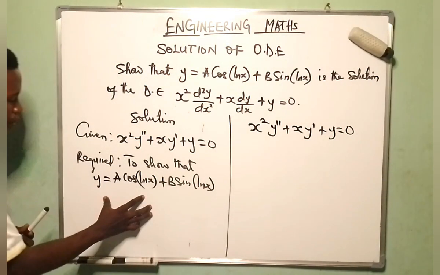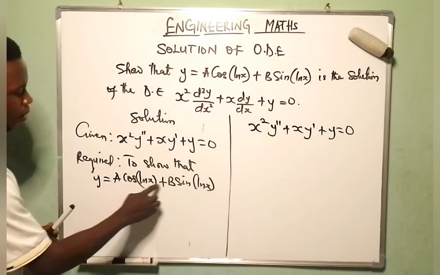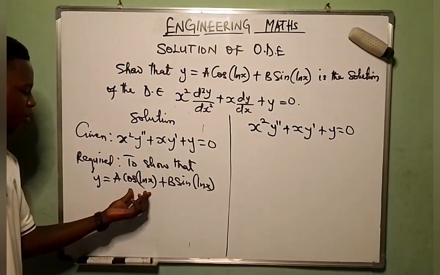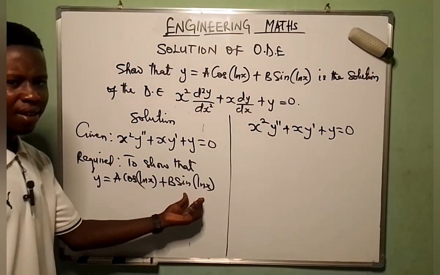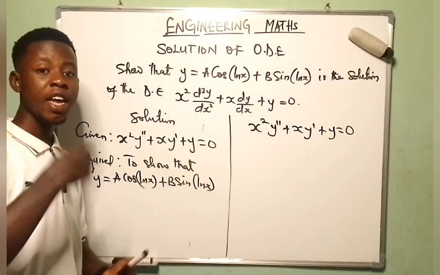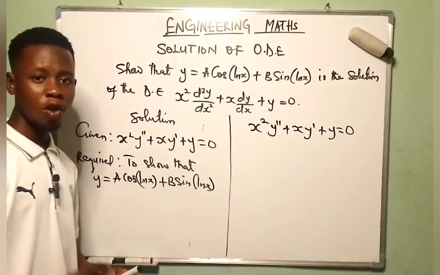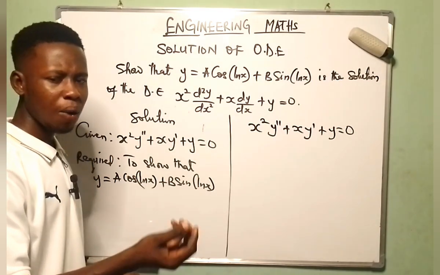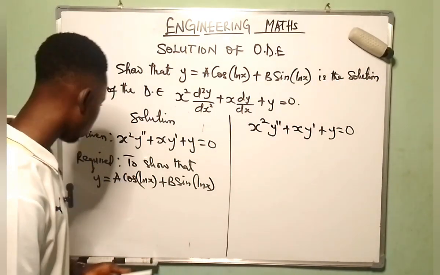Now we have a cos ln x plus b sin ln x. We have cos ln x and sin ln x. Now in differentiation, we call this a function of a function, and we use the chain rule to differentiate this.